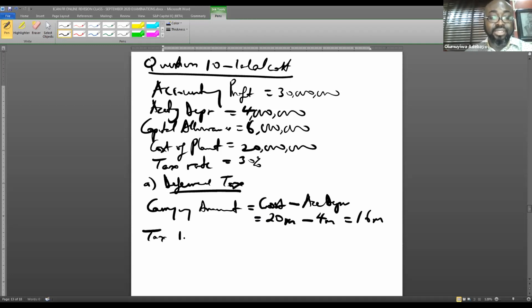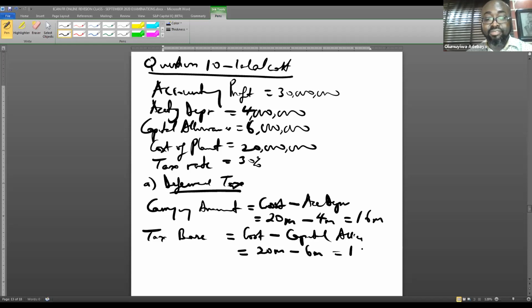The tax base is the cost minus capital allowance, which is 20 million minus 6 million. That gives me 14 million. Now there's a temporary difference of 16 million minus 14 million, which gives me 2 million.